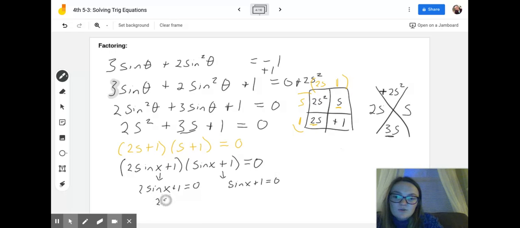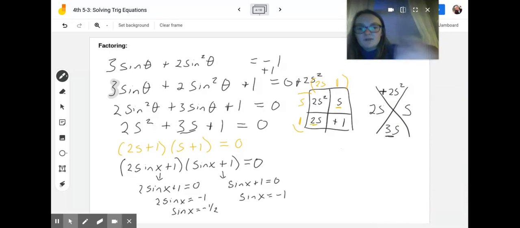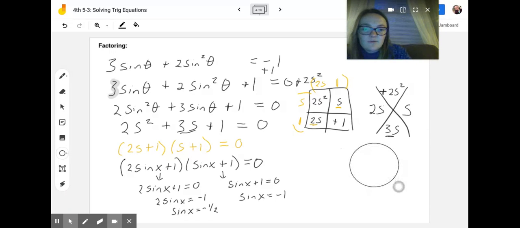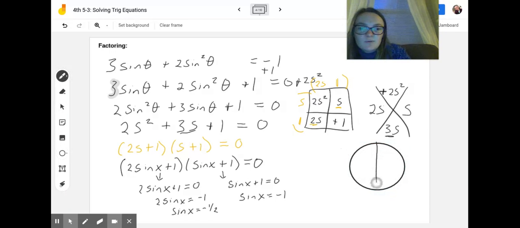So what I get is 2 sine of x is equal to negative 1, and so sine of x is equal to negative 1/2. Here, sine of x is going to equal negative 1. So on my unit circle, I want to figure out when sine of x is going to equal negative 1/2. It's going to happen here, and it's going to happen here.